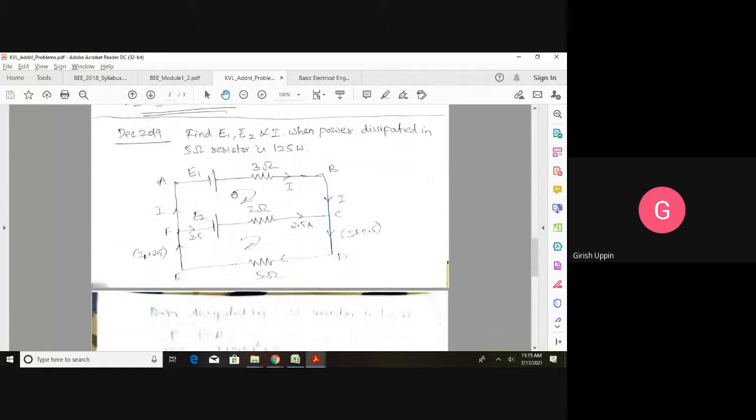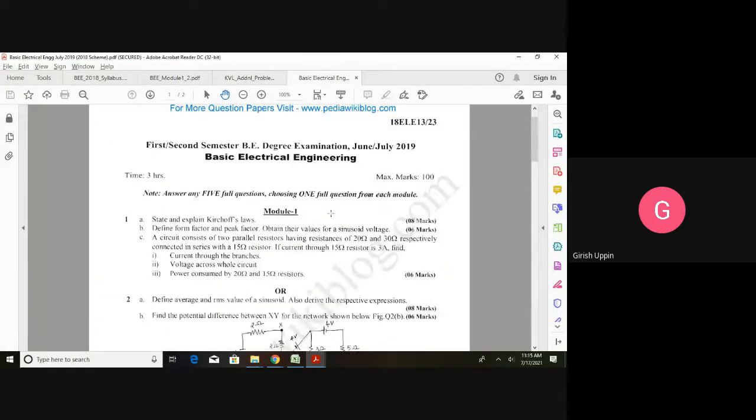This is the one you saw in one of the question papers, right? You saw this problem.